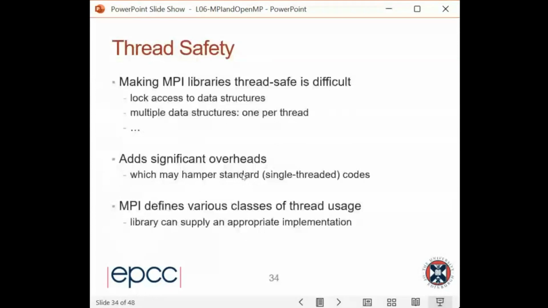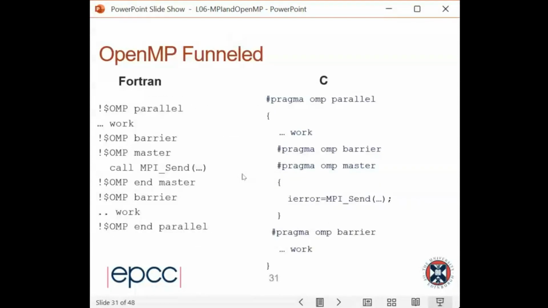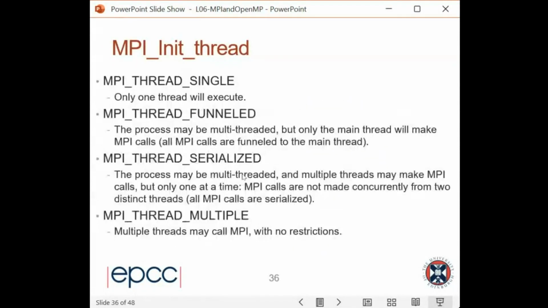Now, you might note that I'd identified four types of parallel hybrid MPI OpenMP: master, funneled, serialized, and multiple. But MPI doesn't have master. It has funneled, serialized, and multiple. The reason is that the MPI library is not talking about OpenMP yet. It's talking about general thread support. So the MPI library has been written to be callable from a general thread model, which could be POSIX threads or C++ threads.